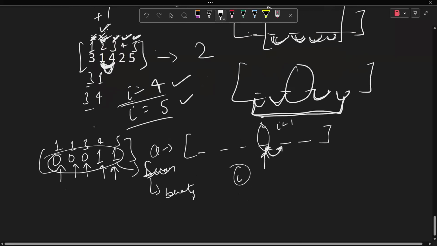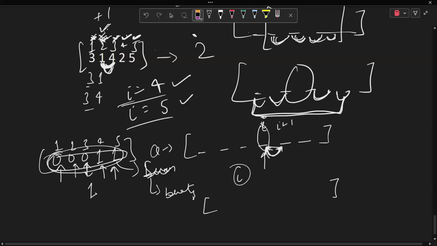Now we are just calculating the change in this array. If for any particular index I, swapping these two numbers changes the state from 0 to 1, we can store that change in another array. You can understand that from this example.